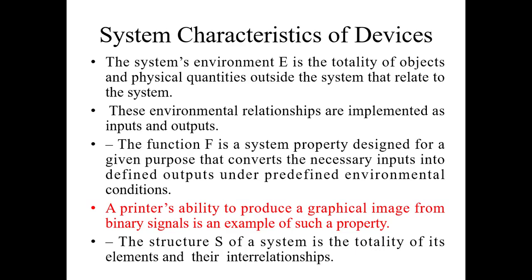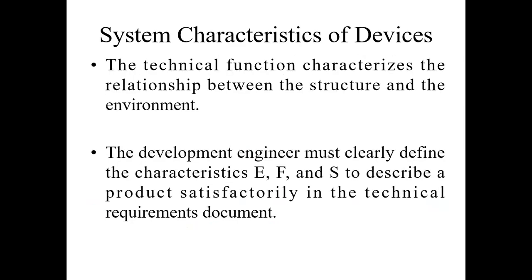Structure, in this sense, means the structure of a system is the totality of its elements and their interrelationships. Based on all these terms, you can define the characteristics. The technical function characterizes the relationship between structure and environment.